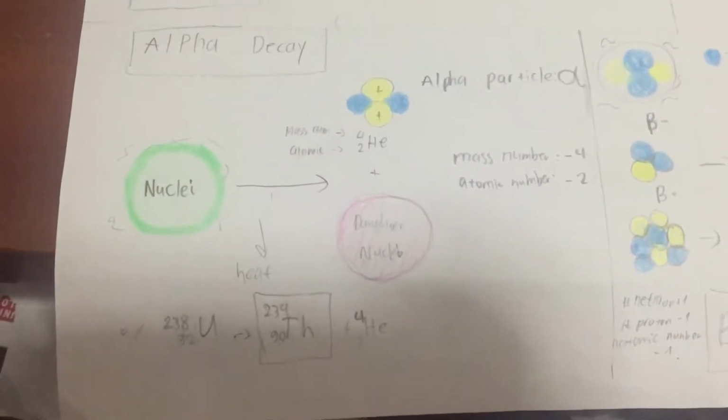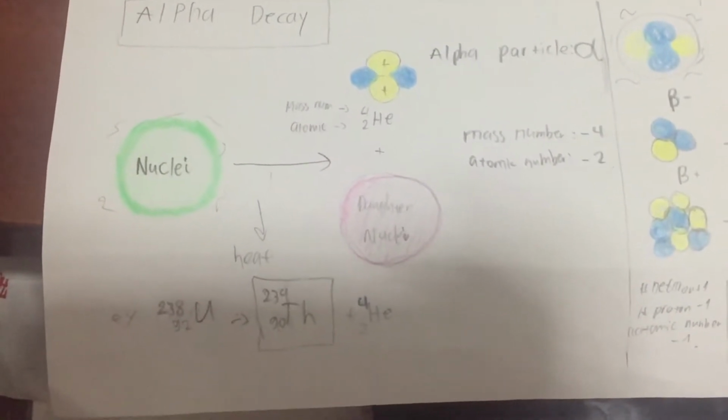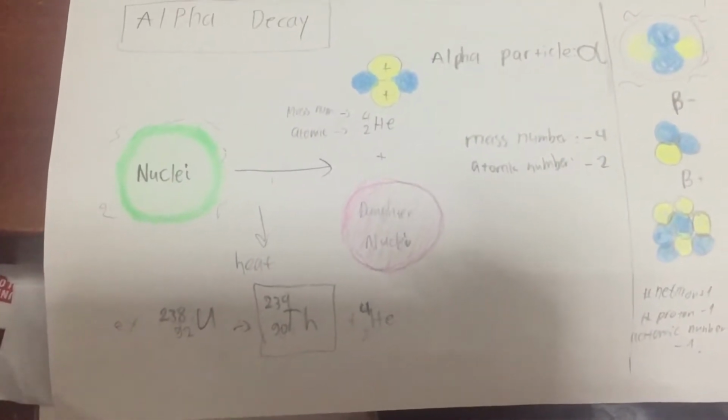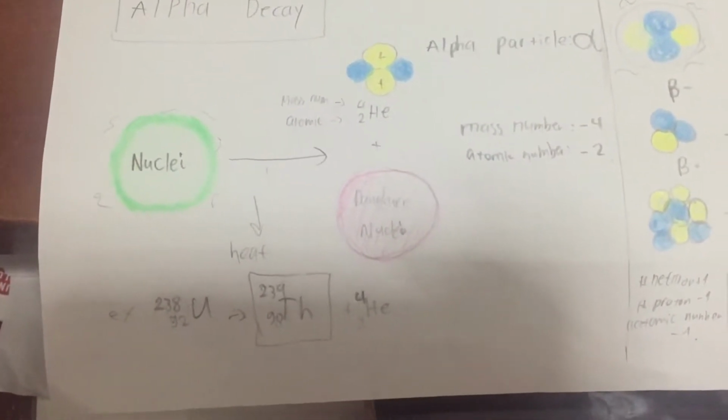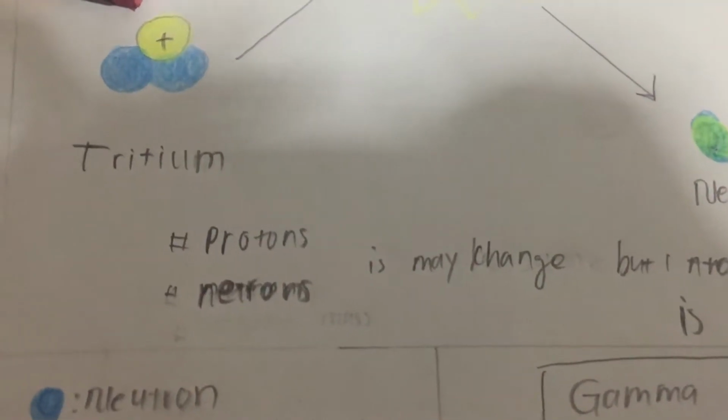So next is alpha decay. This reaction happens when an unstable nucleus tries to decay in order to balance itself.